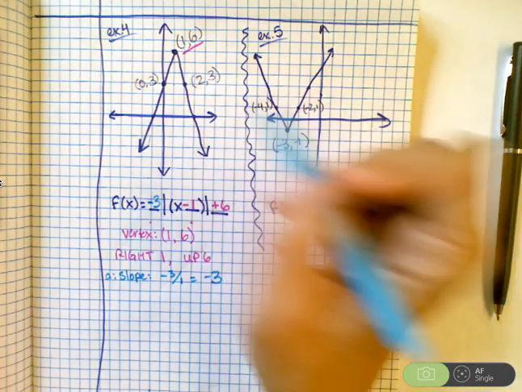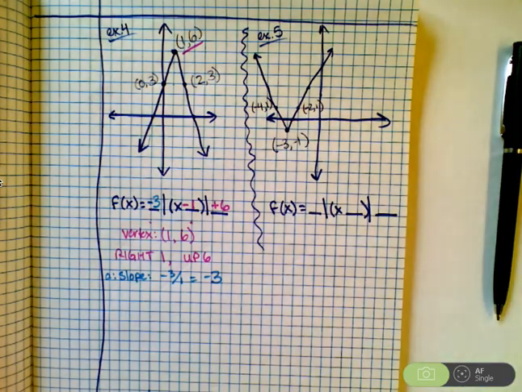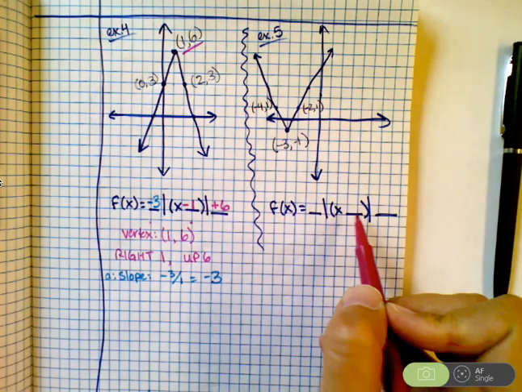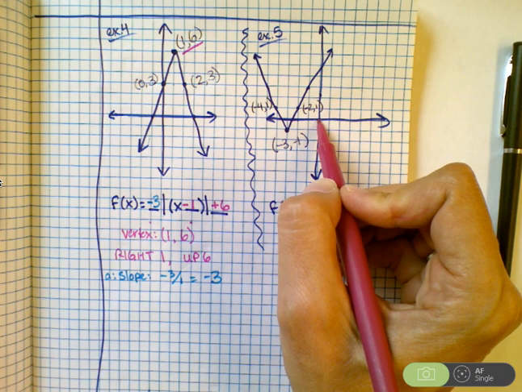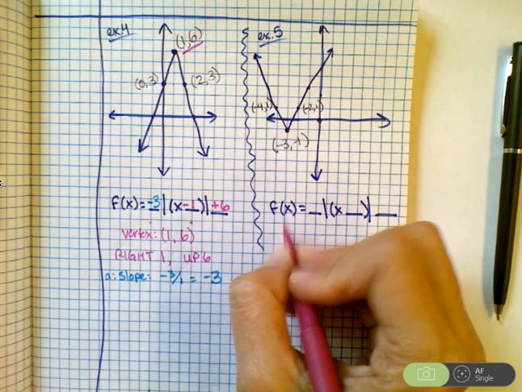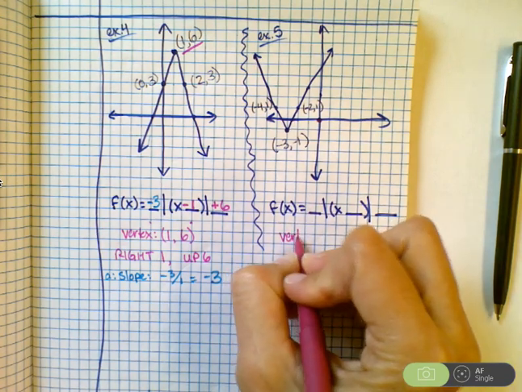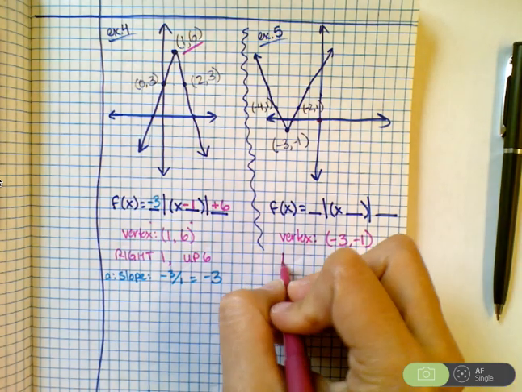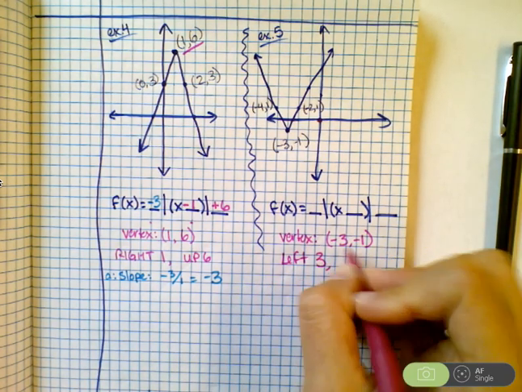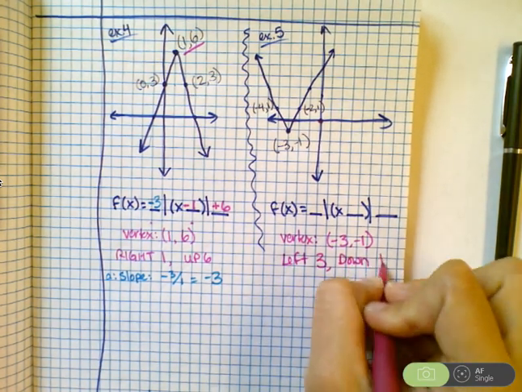Okay, and then for example 5, again, we can think about the horizontal and vertical shift first. Remember, the original absolute value function would be here at 0, 0. Well, this one's moved left 3 and down 1. So our vertex now is at -3, -1.